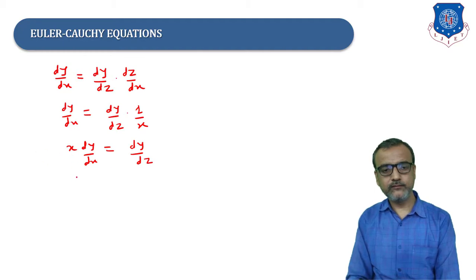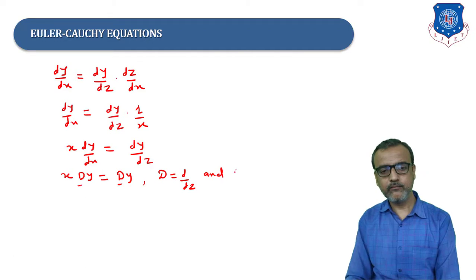So we have x dy equals to Dy, where this D is d by dz, and this one d is d by dx. See the difference, right?